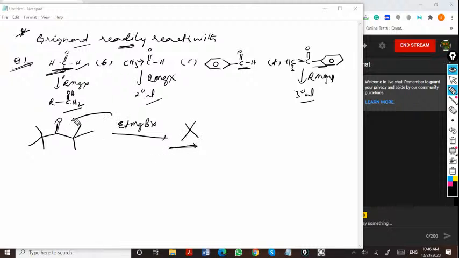Where sterically hindered starting materials are there, they are repulsed. They are not able to attack the carbonyls because they are less efficient in the presence of steric hindrance. So such systems will not give nucleophilic addition reaction. So this is the exception. Okay, so make a note of this molecule.